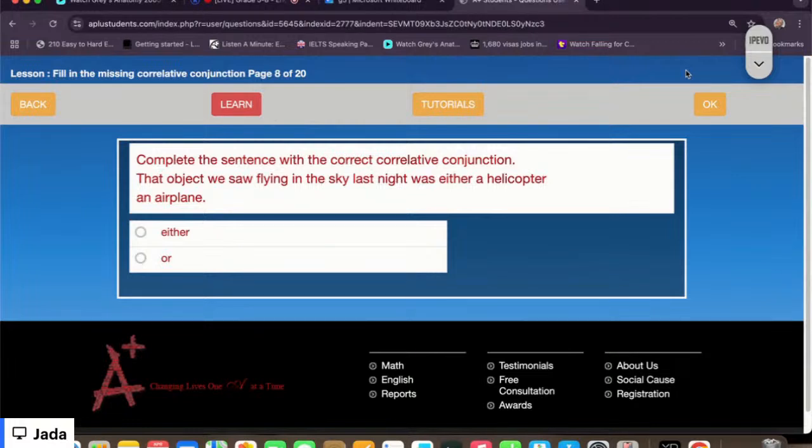The object we saw flying in the sky last night was either a helicopter or an airplane.